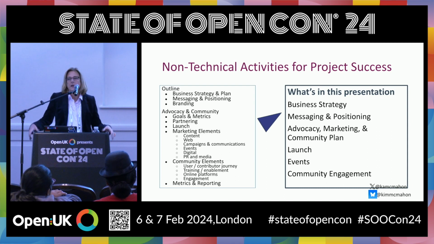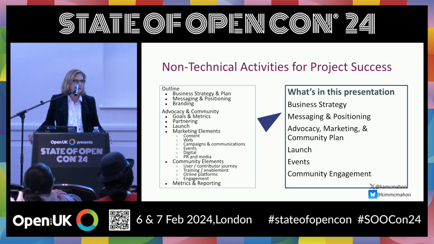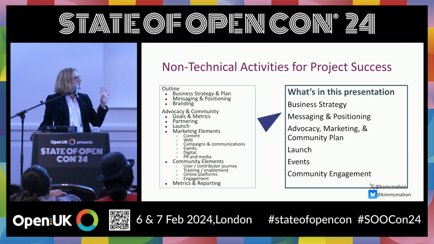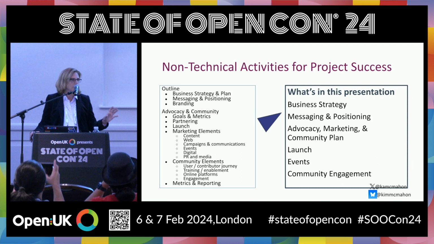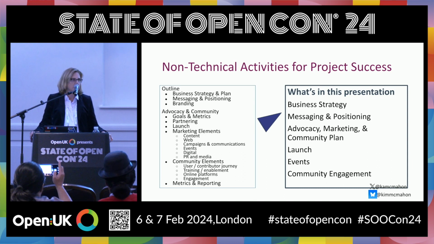So I had the lovely benefit of being here in London over the weekend, and I was working on my presentation, and all of a sudden I looked down and I got like 50 slides, and I'm like, well, that's never going to work. So I went back and created an outline, which is actually the first thing I should have done, but I didn't. And I started creating an outline of the things that when I go into an organization or when I'm working with an organization, the things that I think about as we're putting together our advocacy, marketing, and community plans.